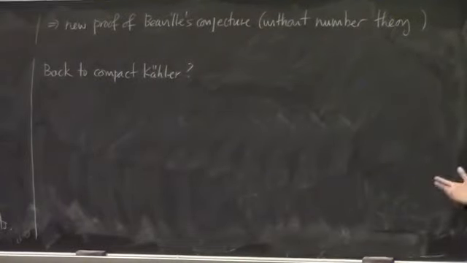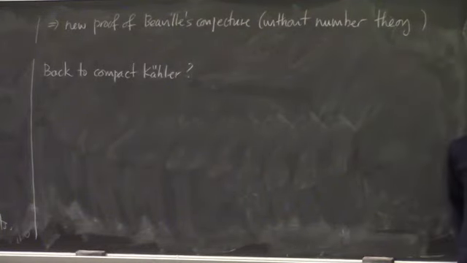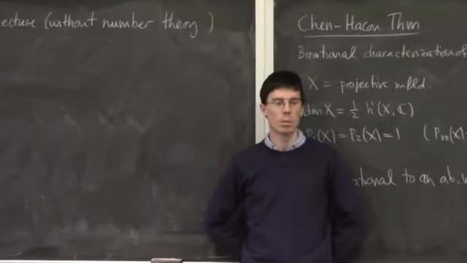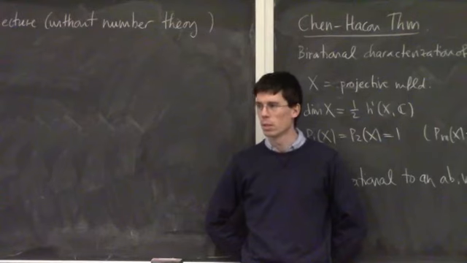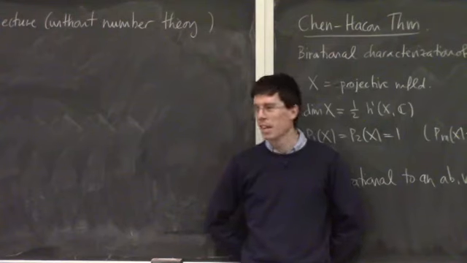So I have some hopes that maybe it can be generalized to the compact Kähler case. In fact, I have some ideas, but the problem is there's a lot of formalism in it, and the formalism somehow has only been developed on abelian varieties. And you would need the same formalism on compact tori. And so I think probably at some point in the future I can do it, but it's going to take me a long time. Okay.